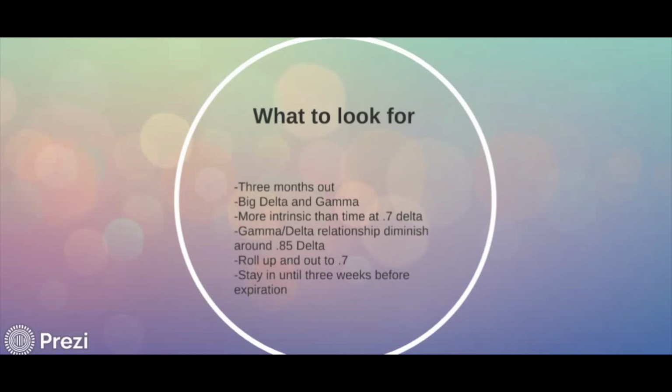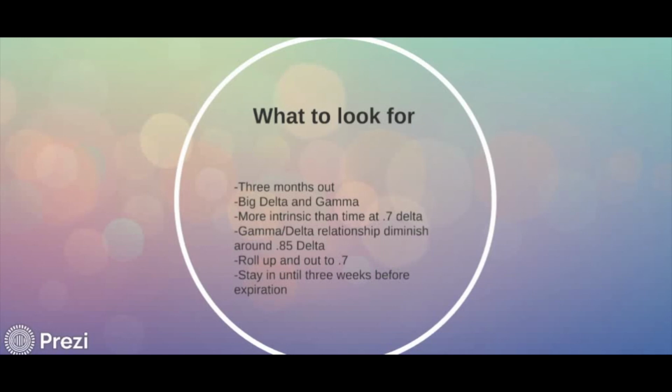When we're going long options, we want to look at typically 3 months out so we can get a big delta and a big gamma. We're also searching for more intrinsic value than time value, which is typically around a 0.7 delta, or 70, depending on what platform you're using.